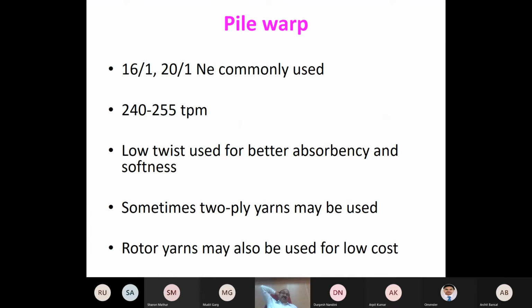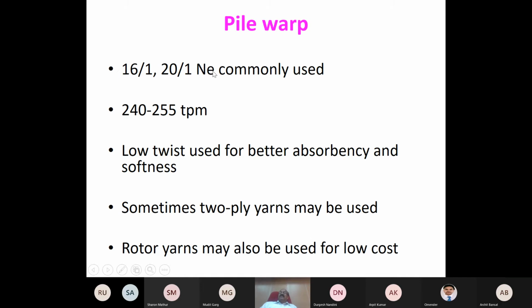Normally, pile warps are of count 16 and 20, and they are normally single yarn with a very low twist, 240 to 255 TPM, twist per meter, which is a very low twist yarn. This point you have to remember very carefully. Pile yarns are normally single, low twist yarn, because these yarns are responsible for the absorbency and soft feel of the towel.